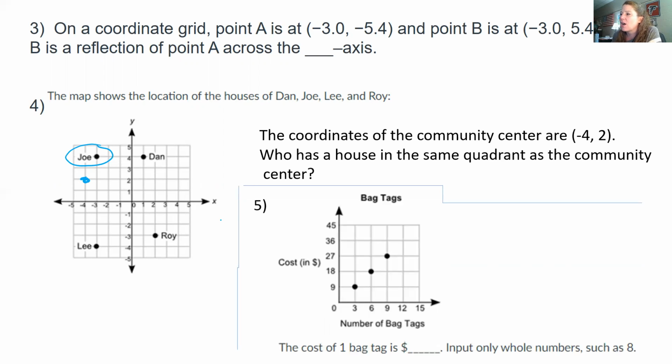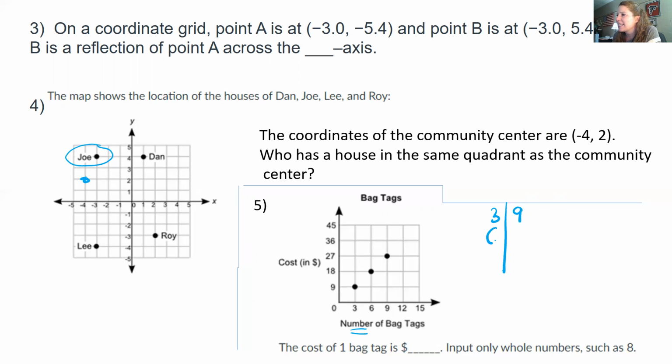All right, number 5, the cost of 1 bag of tea is blank dollars. Well, here it says number of tea bags, or I can't read, you guys. I'm saying tea, but it says bag tags. All right, so 3 bag tags is $9.